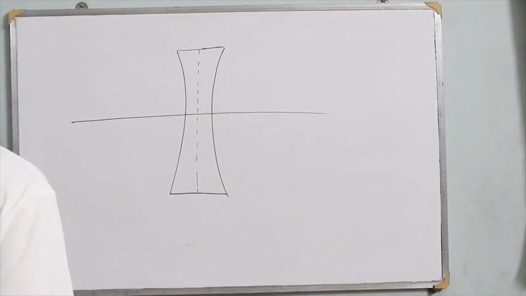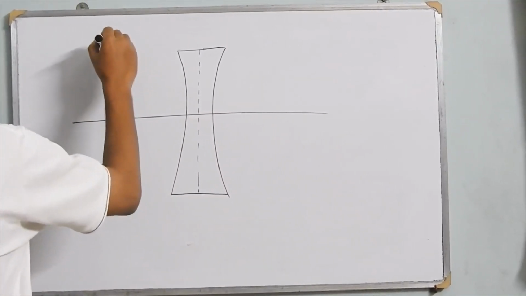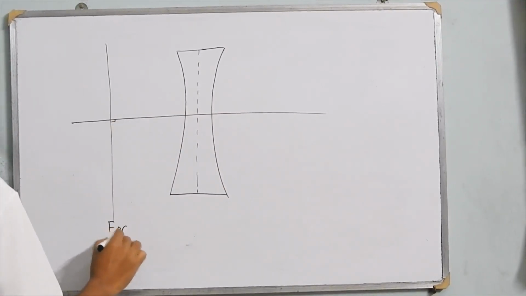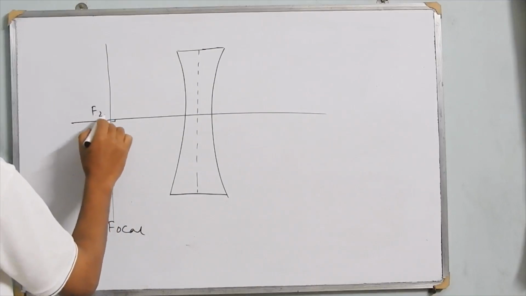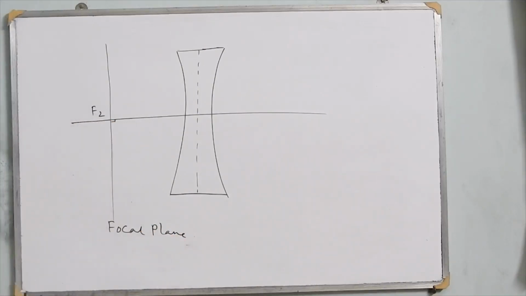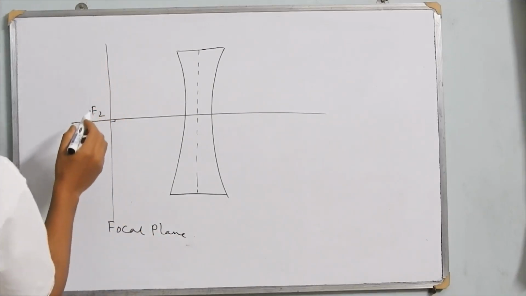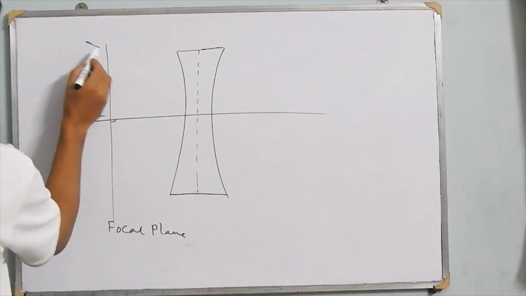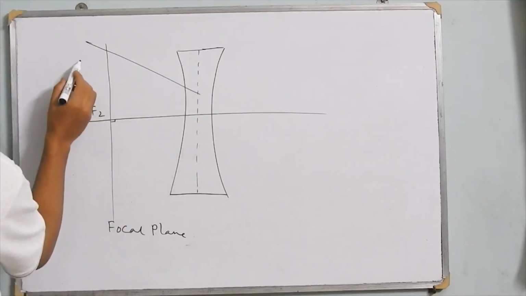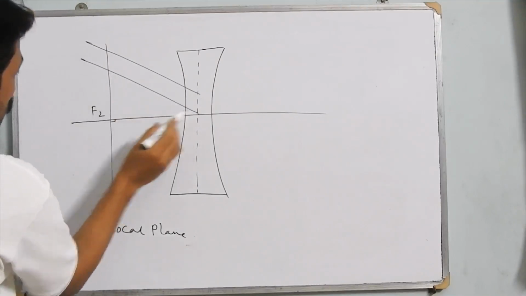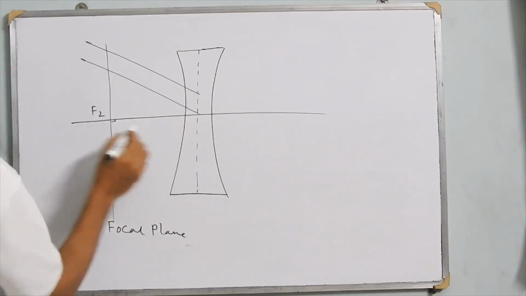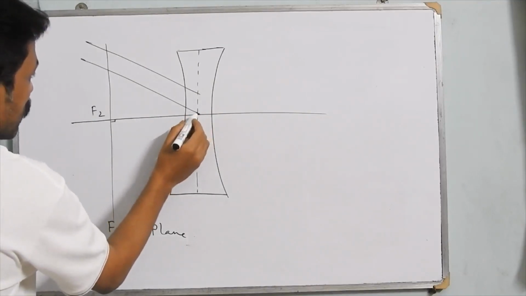So suppose this is the focal plane which passes through the second principal focus, and we have a set of rays which are parallel to themselves but not parallel to the principal axis. This ray passes through the optical center, so it will go undeviated.